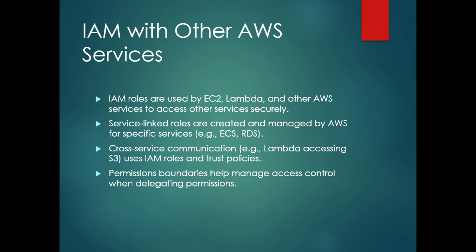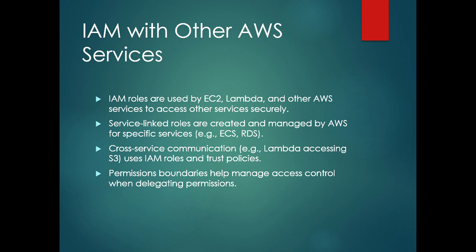Service-linked roles are created and managed by AWS for specific services, for example ECS and RDS. Cross-service communication, like Lambda accessing S3, uses IAM roles and trust policies. Permissions boundaries help manage access control when delegating permissions.